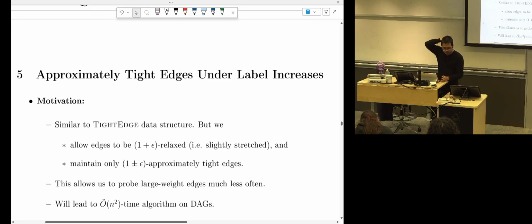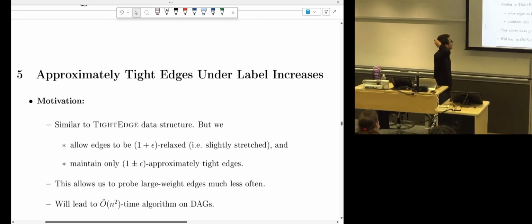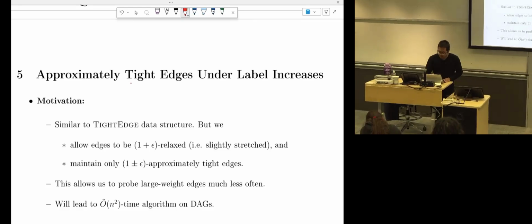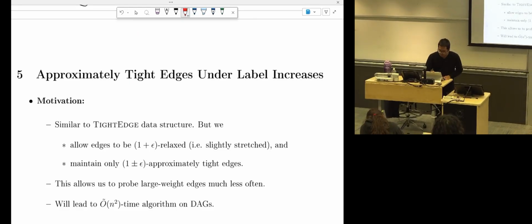So that brings us to this data structure. We had shown before that if you have a graph, you can maintain tight edges of a graph under label increase.